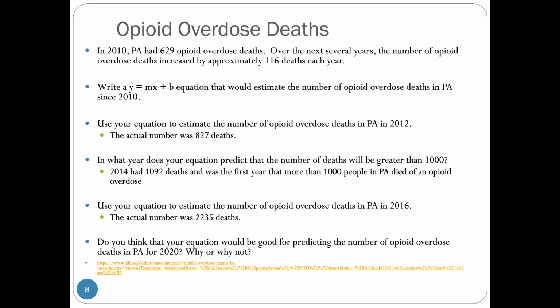So in 2010, PA had 629 opioid overdose deaths. Over the next several years, the number of opioid overdose deaths increased by about 116 deaths each year. So as I read through this, I see that 2010 and the 629, this is my start.